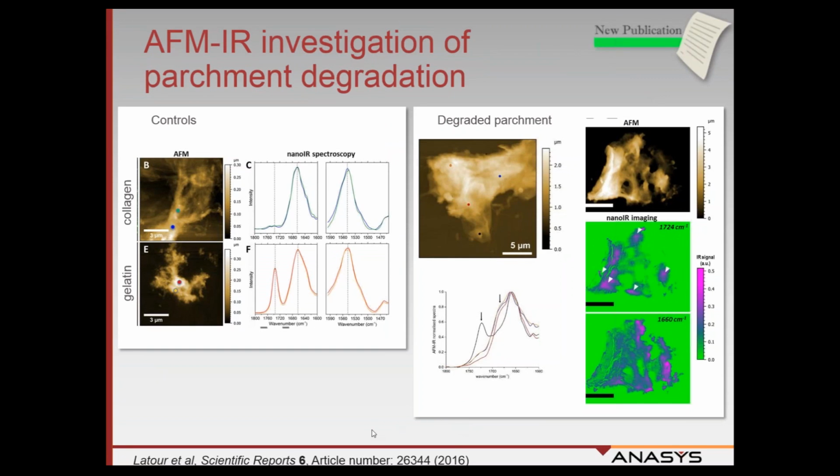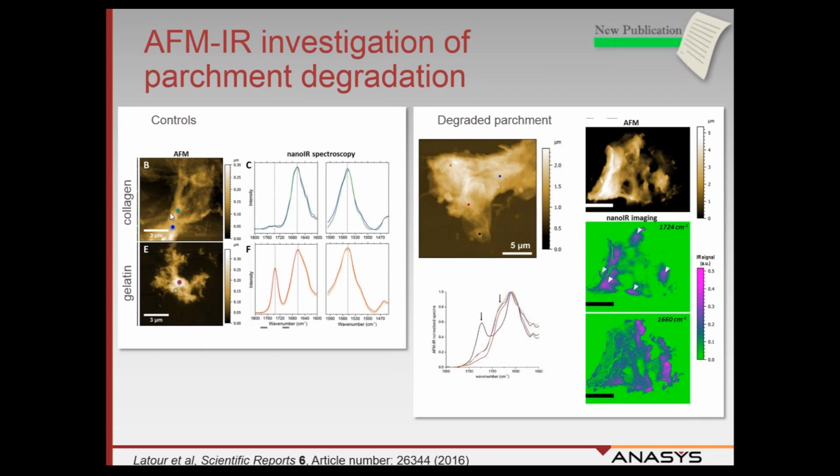And then another application, this one is really fascinating. This is a research group in France, and what they were looking at was parchment, including pieces from a 15th century map. And the question that they were looking at is, could they investigate degradation of this parchment material using AFMIR?